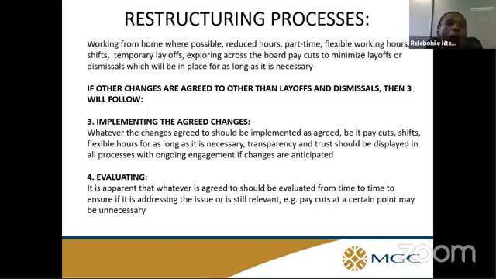So from time to time, whether it's working from home, temporary layoffs, or part-time work, bottom line, we have to implement it and reevaluate as we go along, so that we understand whether it still continues to be practicable to the business.